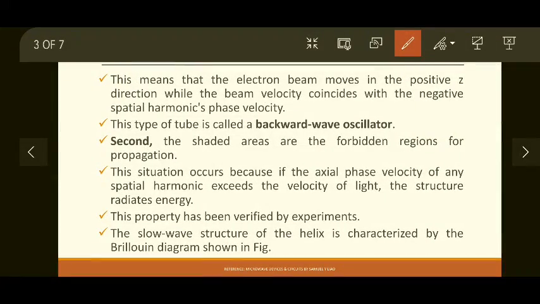This means that the electron beam moves in the positive direction while the beam velocity coincides with the negative space harmonics of the phase velocity. So what's the meaning of negative phase velocity in the negative space harmonics? The beam is moving in the positive z direction. That's why the beam velocity of this electron beam will coincide with the negative space harmonics phase velocity, that is negative phase velocity.